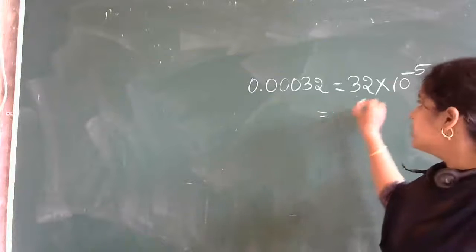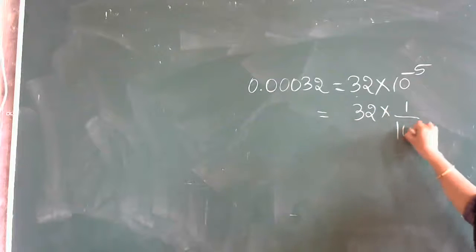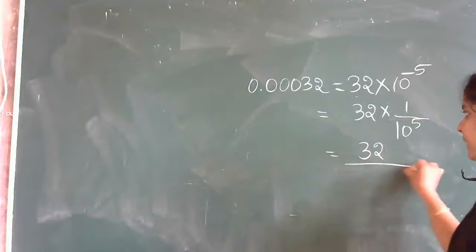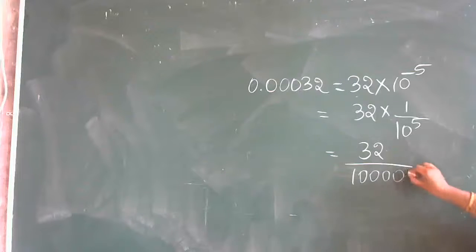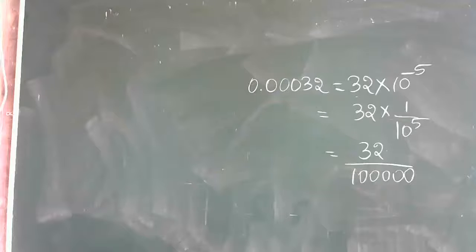See, this you can also write it as 32 into 1 divided by 10 raised to 5, which is equal to 32 divided by 10 to the power 5. 1, 2, 3, 4, 5. So you can simplify this and you just check whether you have written correctly or you made any mistake in the answer. So if you have calculator, you can check it.